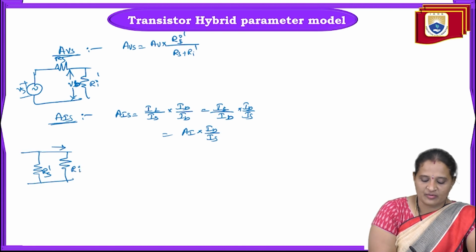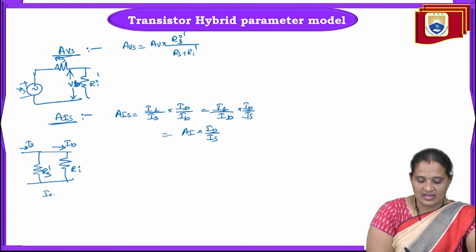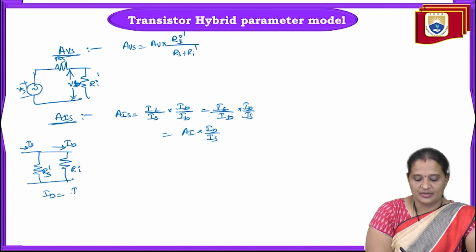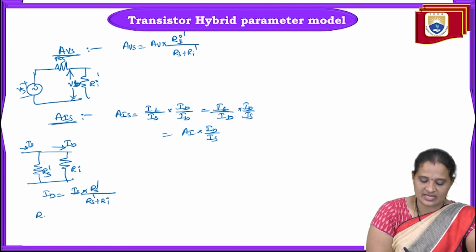So what is the current flowing? This is Rs, Is, and here in this one the current flowing is Ib. So now I can calculate Ib as the input current Is into opposite resistance, that is Rs dash divided by Rs dash plus Ri. What is Rs dash here?